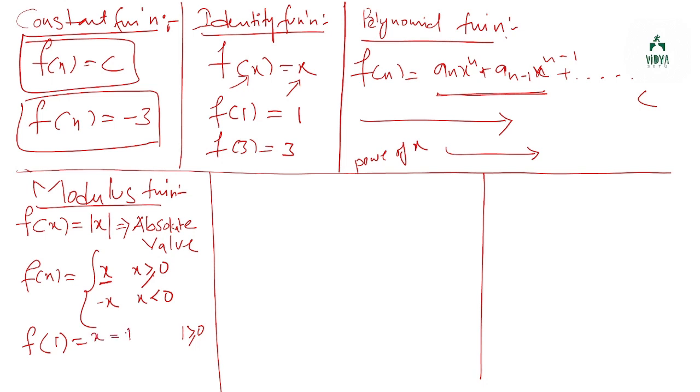So in place of x, 1. It gives the absolute value. f(-9): -9 is less than 0, right? x less than 0. So for x less than 0, what is the output of the modulus function? f(x) equals -x, right?